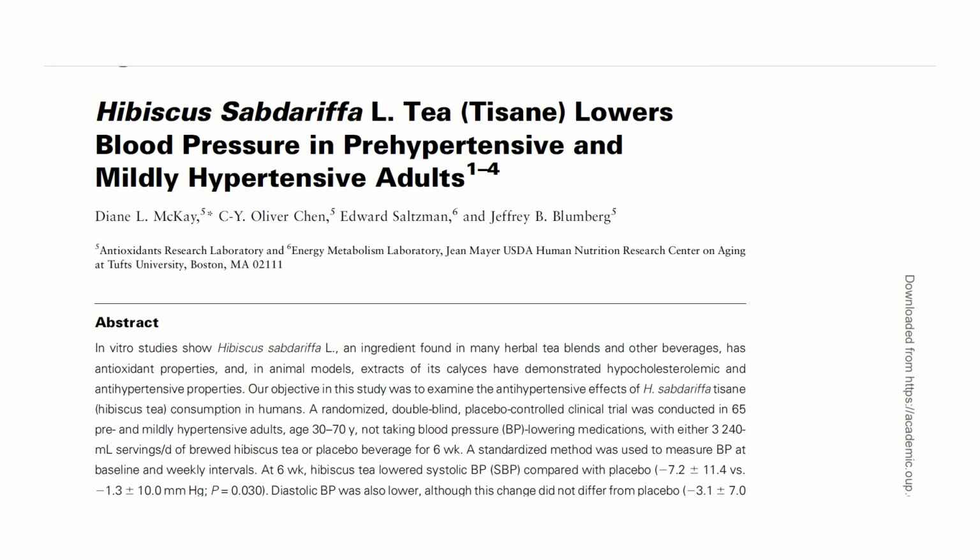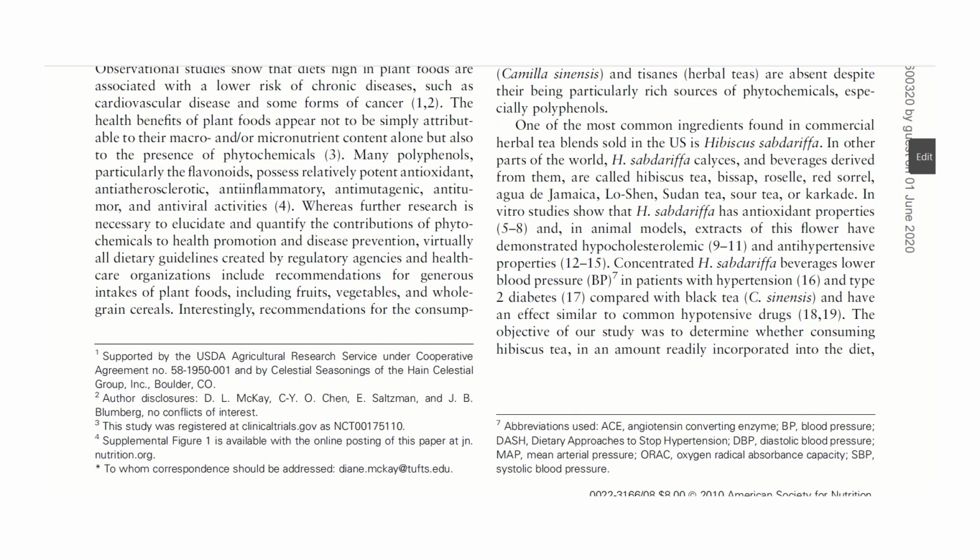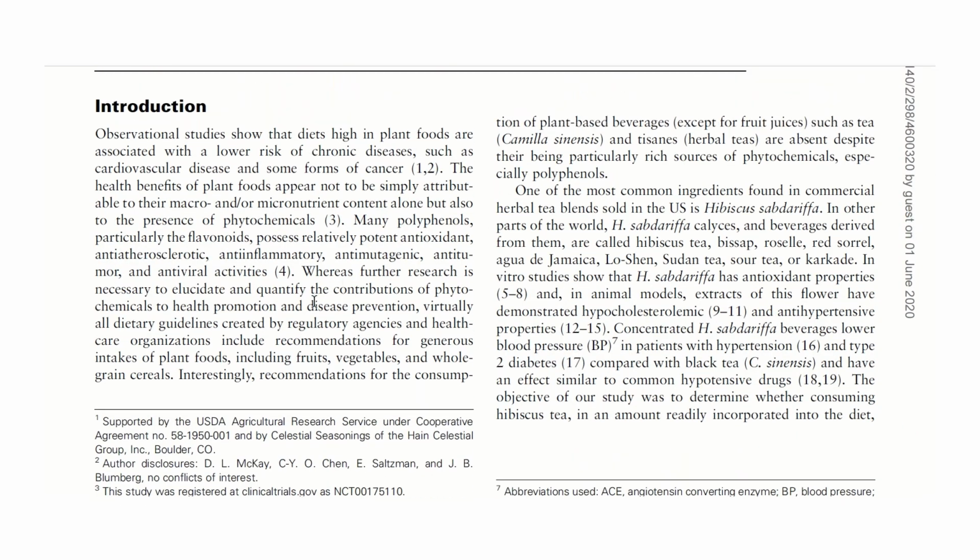Nobody knows what hibiscus sabdariffa is, and nobody might know that people like to use plant-based products as potential medical treatments. So in the introduction, and normally the first paragraph of the introduction, there is general information you might want to include when you do a write-up, a report, or a presentation.